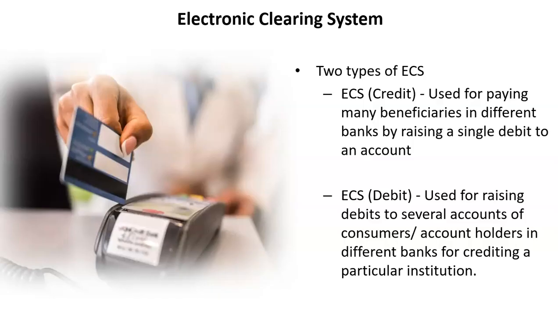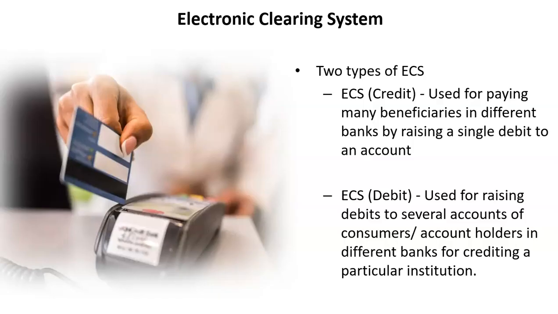And ECS debit is when there are multiple debits and a single credit, like payment of electricity bills. For example, BSES in Delhi issues bills to various customers. On a particular date, the service provider sends an ECS to the banks of various customers for debiting a particular amount, which is credited in a single entry into the current account of the service provider.